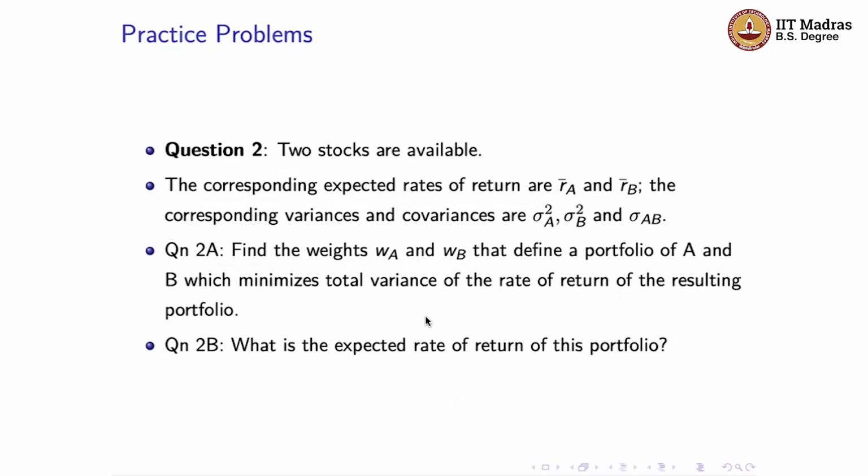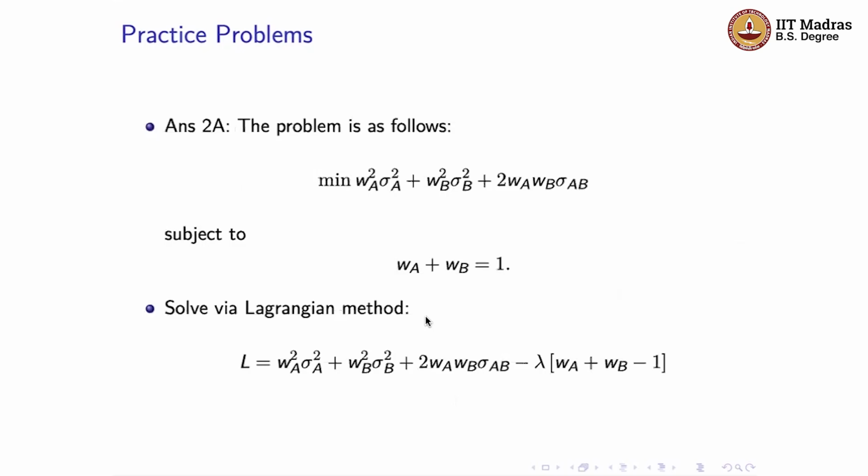So how would we go about doing it? Well, let's first write down the problem mathematically. We are asked to minimize variance. So what is the formula for variance? It's WA squared, the weight of A squared, times sigma square A, plus WB squared, the weight of B squared, multiplied by the variance of B, plus 2 times WA WB sigma AB, right?